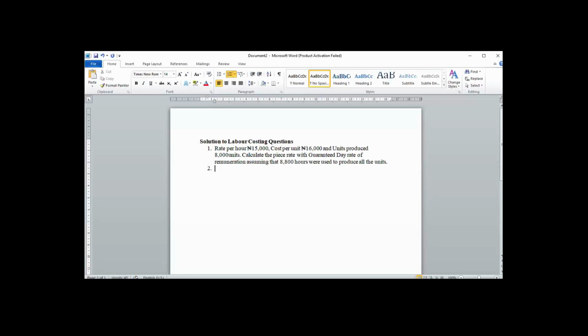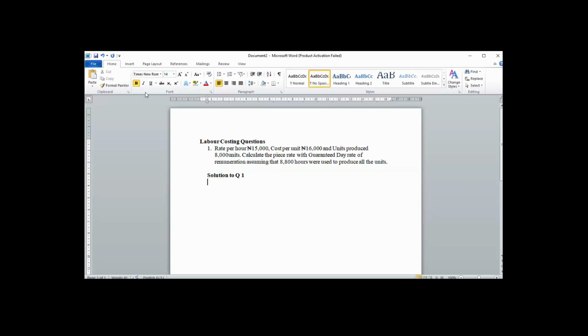What is the formula for calculating labor remuneration? Number of units produced times rate per unit.